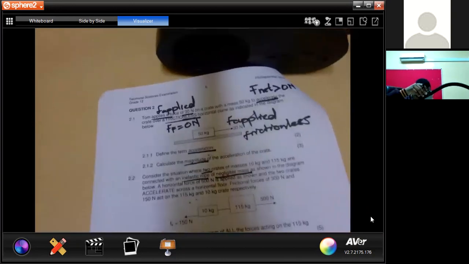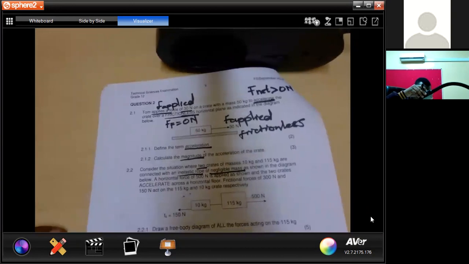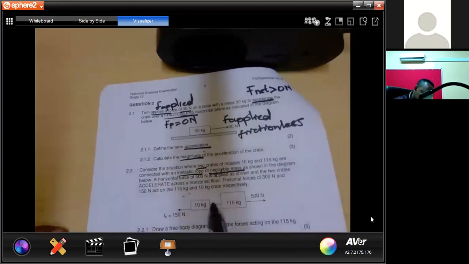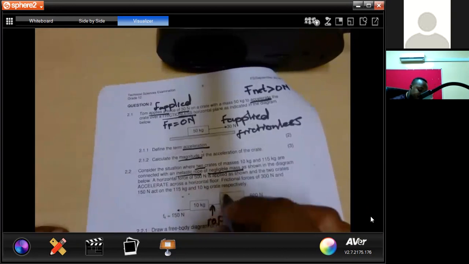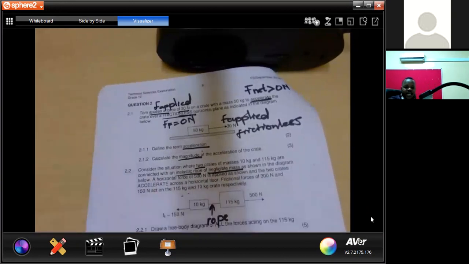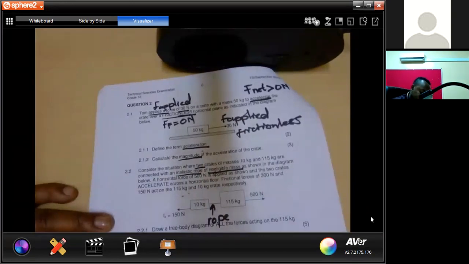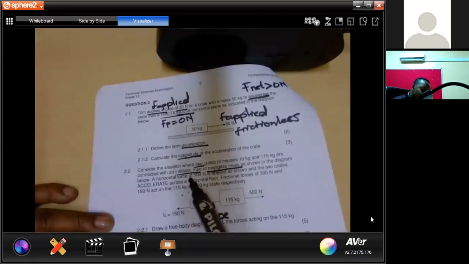And we can see that they are connected by that inelastic rope. They are saying we can neglect the mass of the rope as shown in the diagram below. A horizontal force of 500 newtons is applied as shown.